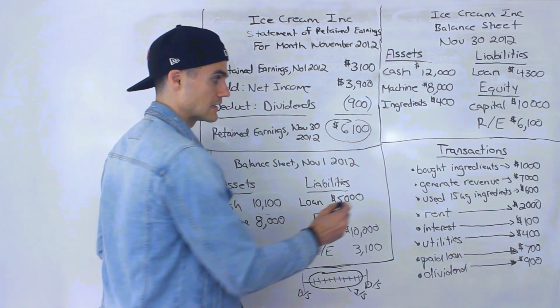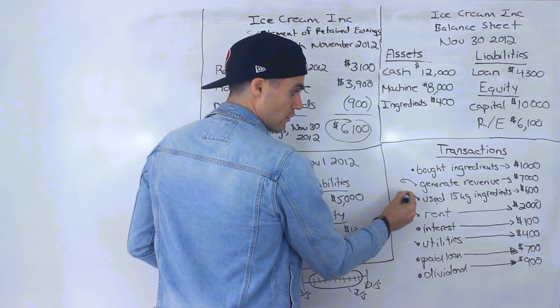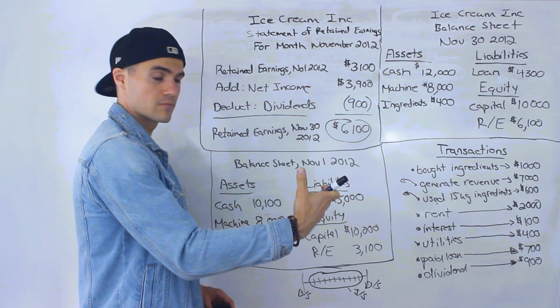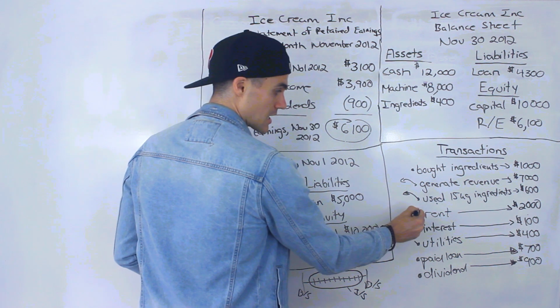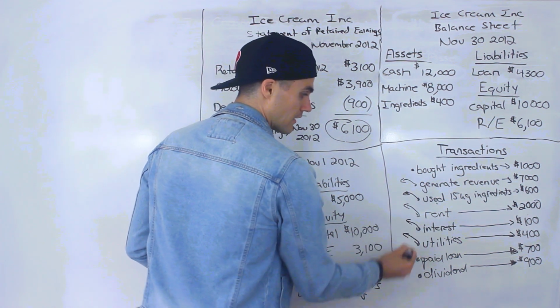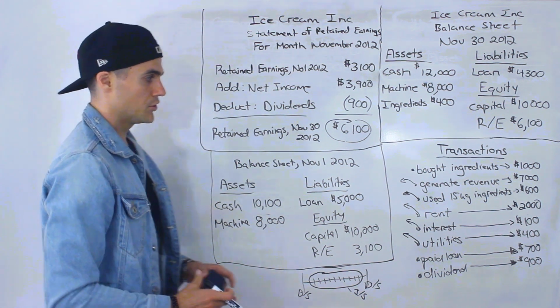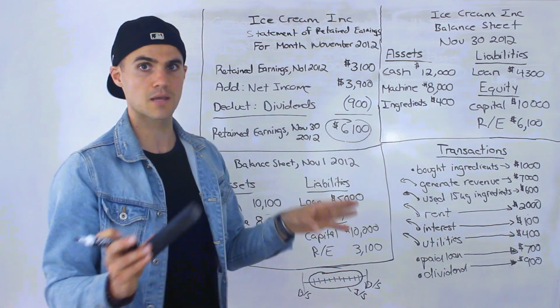So notice that this revenue went on the income statement. This, the ingredients that were used, that were consumed to generate this revenue, that went on the income statement. The rent went on the income statement. This went on the income statement. And then the utilities went on the income statement as well. But notice that these other transactions, when we bought the ingredients, the income statement wasn't affected.